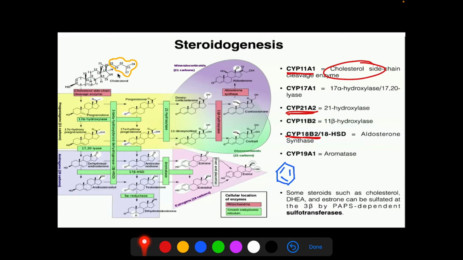And both this estrone and estradiol can be metabolized in the liver and then in the placenta to produce this estriol. So the conversion of this estradiol to estriol is a one-step process.